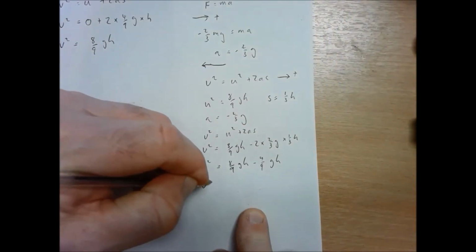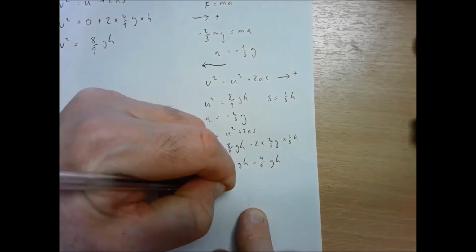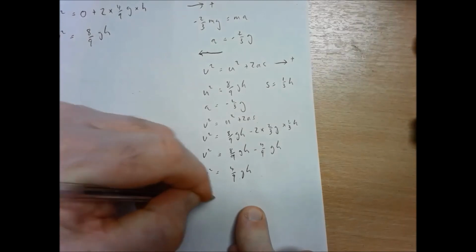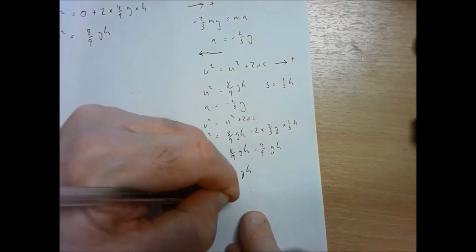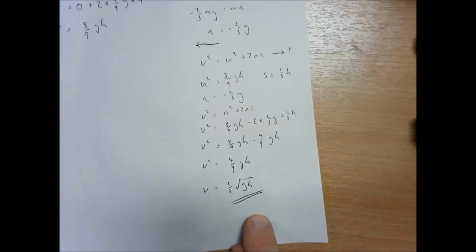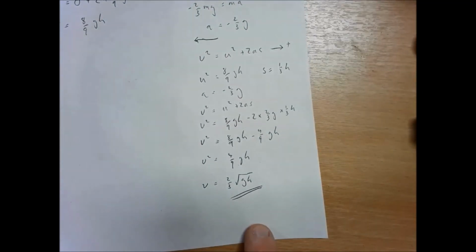V squared equals 4 over 9 gh, which means that V equals 2 over 3 root gh, which is what we're trying to find.